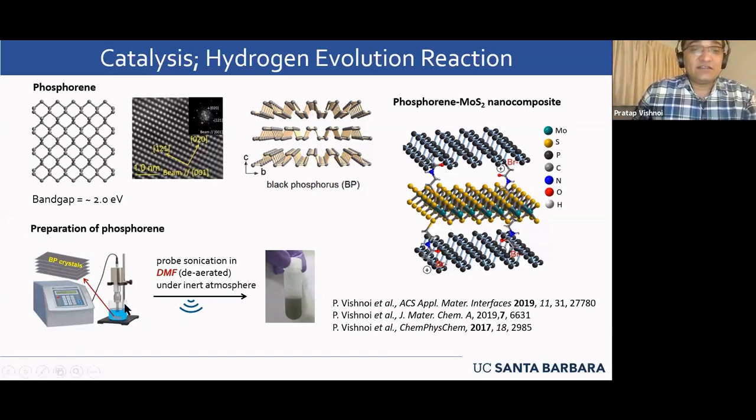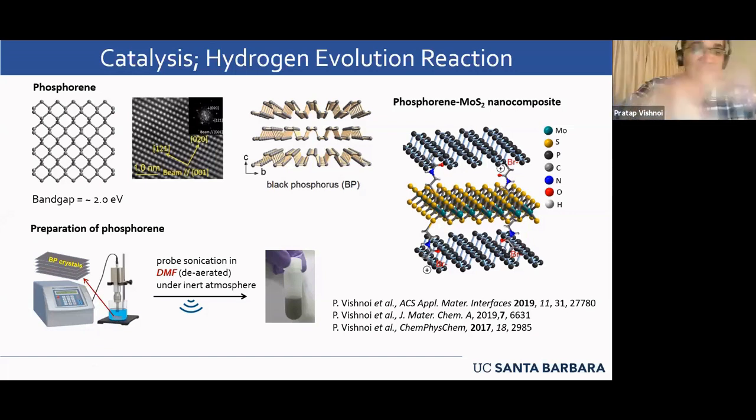Here, what you do is take organic solvent, or water in some cases, but for phosphorene, you have to take an organic solvent, dimethylformamide, or another solvent called NMP, N-methylpyrrolidone, something like that. Then you put your black phosphorus crystal, a chunk of it, in the solvent and apply ultrasonic radiation.